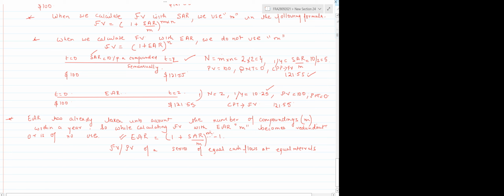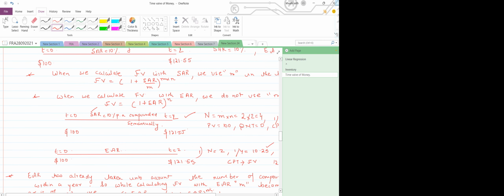Series of equal cash flows, annuity. Very important point. Annuity is a series of equal cash flows at equal intervals. Any doubts, please?